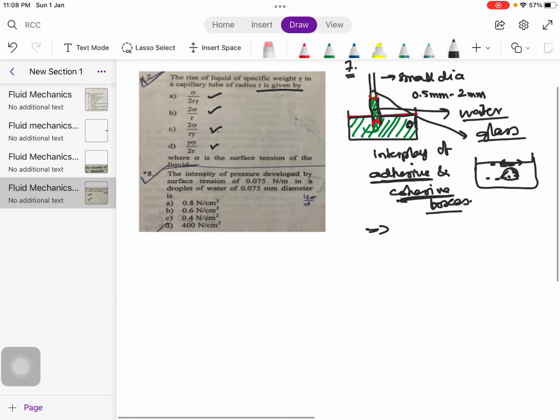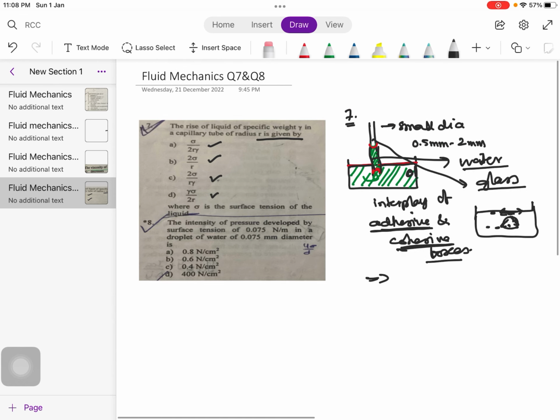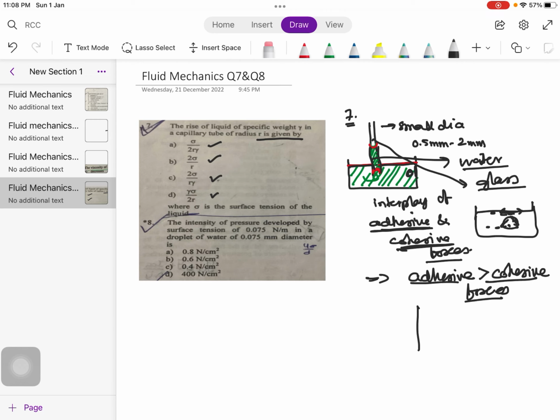Now, if adhesive forces dominate the cohesive forces, the liquid rises up in the capillary tube.